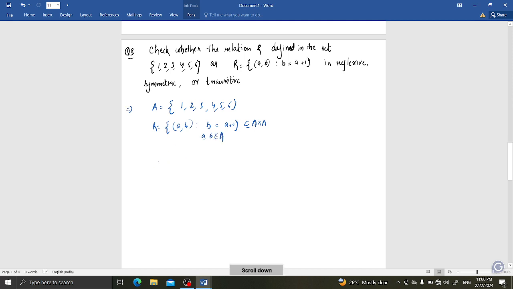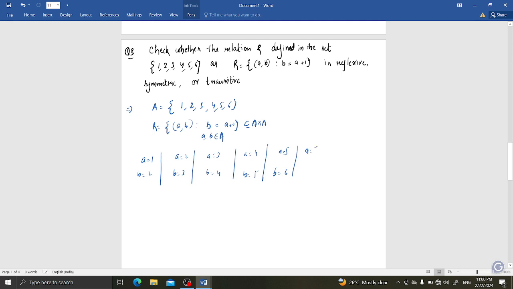Now let us find how many ordered pairs come in R. If A equals 1, B value is 2. If A equals 2, B value is 3. If A equals 3, B value is 4. If A equals 4, B value is 5. If A equals 5, B value is 6.